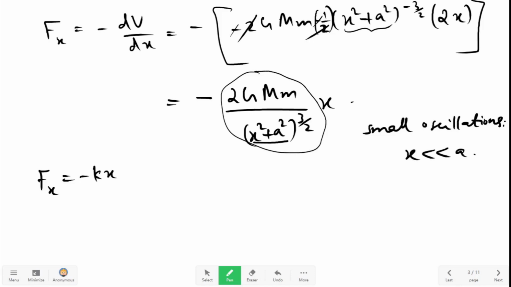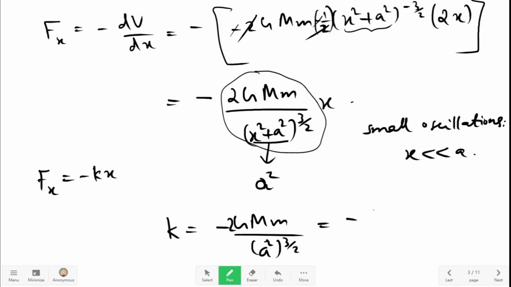Therefore we can treat x square plus a square as just a square, and then we will get k is equal to 2GMm divided by a square raised to 3 by 2, which is simply 2GMm divided by a cube. So x square in the denominator is neglected in the case of small oscillations. Now we got k.